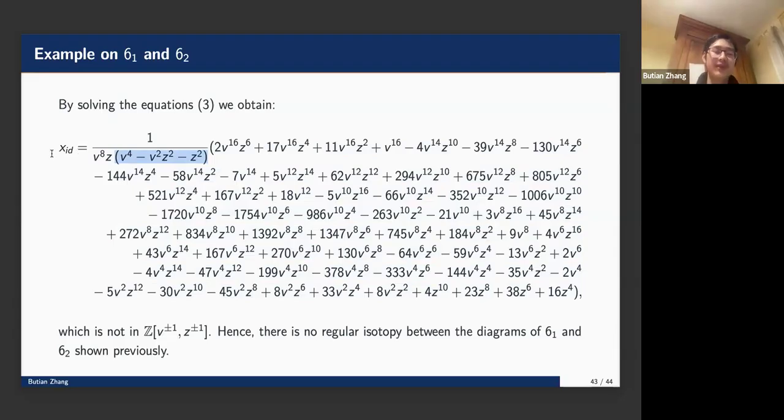So it means that this does not lie in the Laurent polynomial ring. So that is to say 6-1 and 6-2 are not regularly isotopic and hence not isotopic. And this is how we distinguish knots by using these quantum equations.